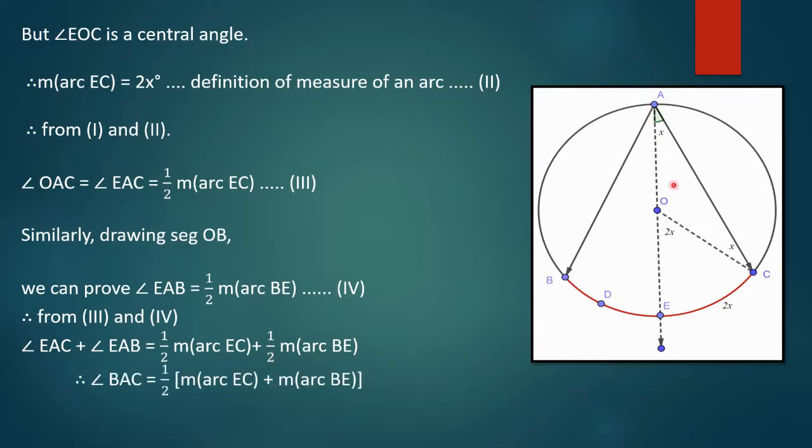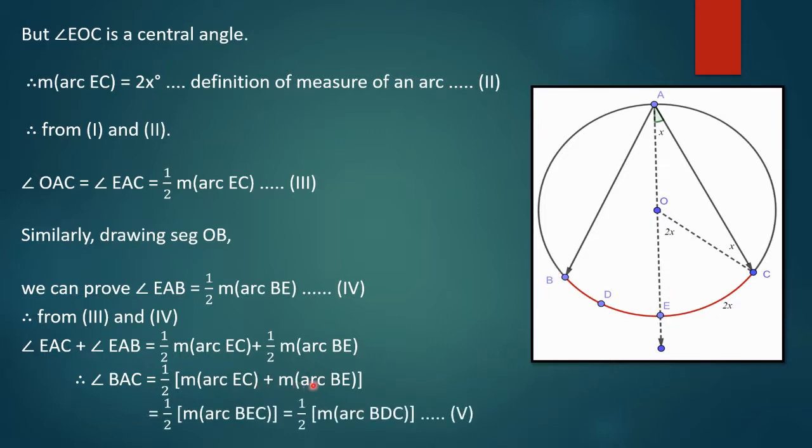If you look in the diagram, angle EAC plus angle EAB together forms the angle BAC, and arc BE plus arc EC together forms arc BC.